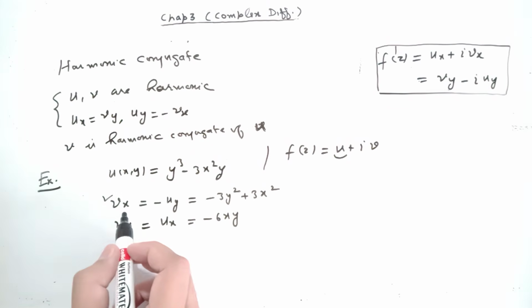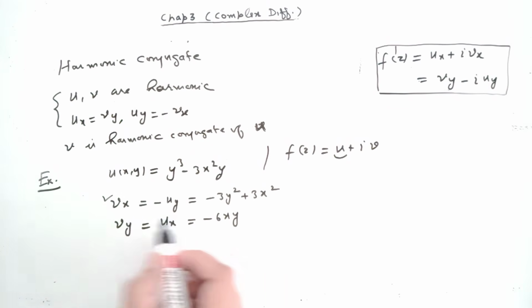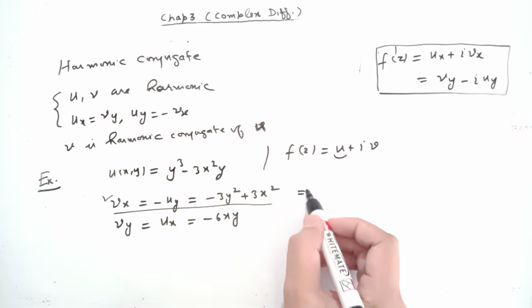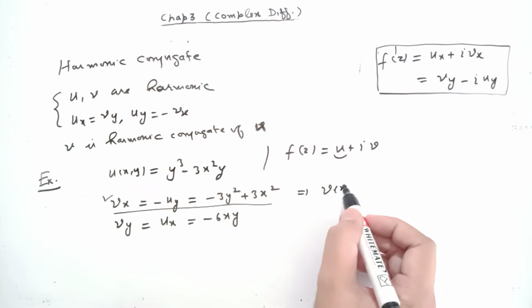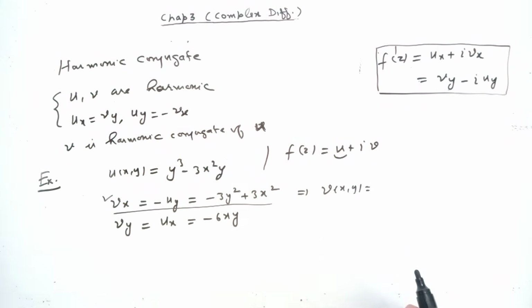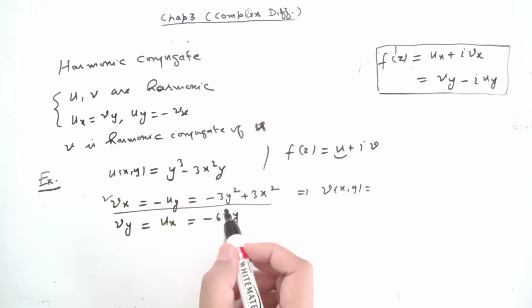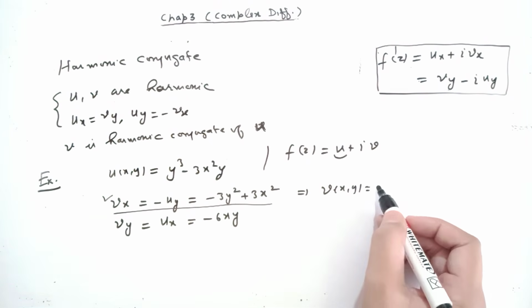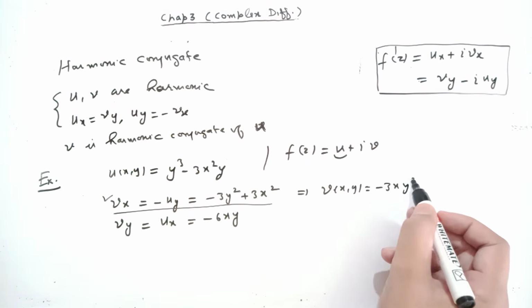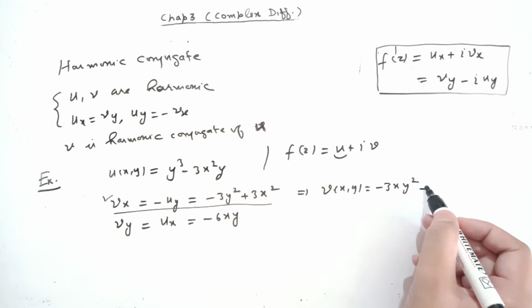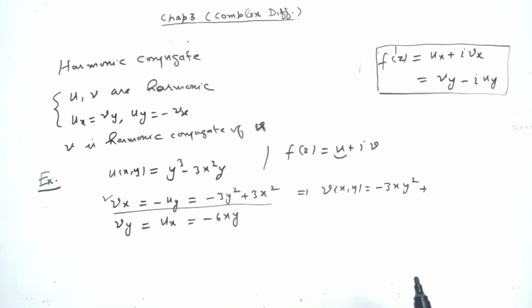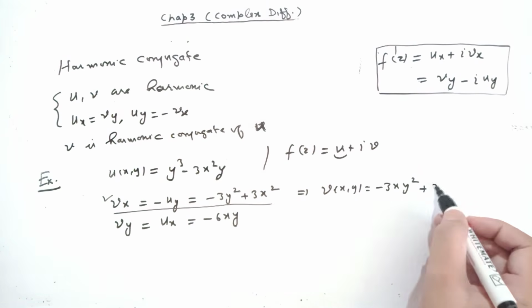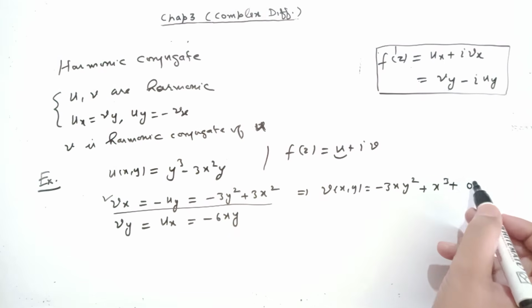Let's integrate v_x, means this whole expression, with respect to x. Let's integrate both sides. So what do we get? Left side v(x,y), the function v. Right hand side, if I integrate with respect to x, it is minus 3xy square plus x cube plus some unknown function of y.